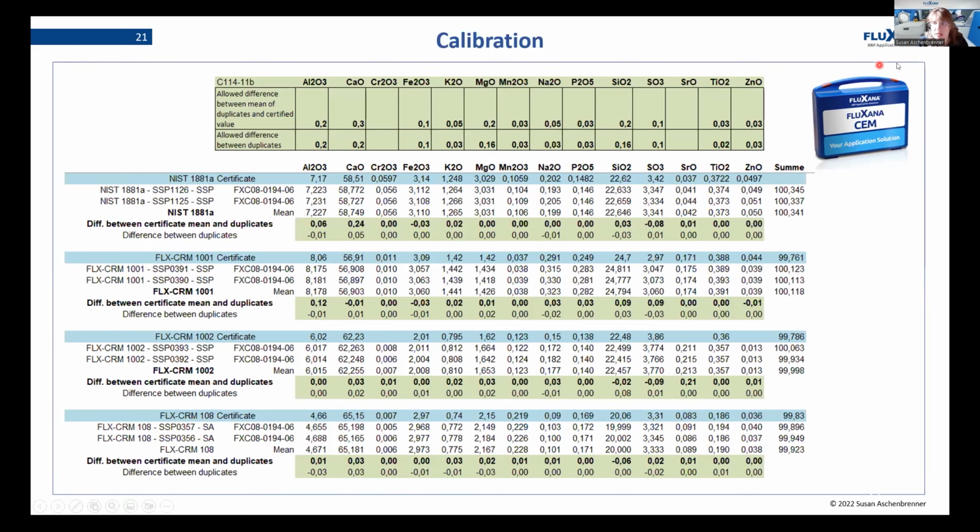But in this case, we are using our own calibration, not the one that is done only with the NIST CRMs. This is a mixed calibration, and I took one NIST standard here just to make sure that I'm aligned with all of my other measurements, that I'm still compatible with NIST.